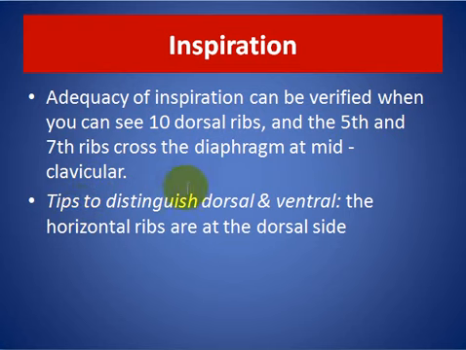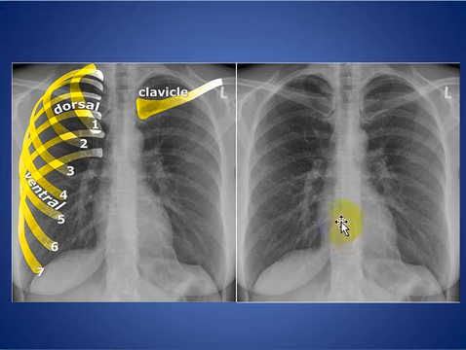And to distinguish dorsal and anterior ribs, the horizontal ribs are the dorsal side or posterior ones. As we see here, these are the anterior ribs, 1, 2, 3, 4, 5, 6, 7, and these are the posterior ribs, and we should count at least 10 posterior ribs in order to call this an inspiratory view.